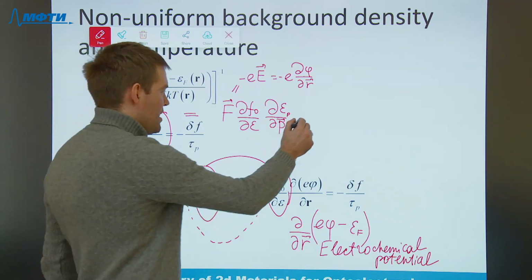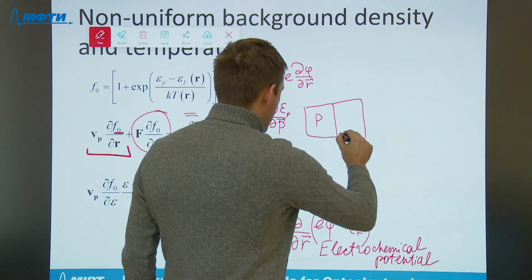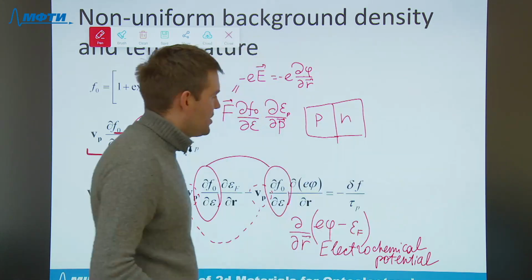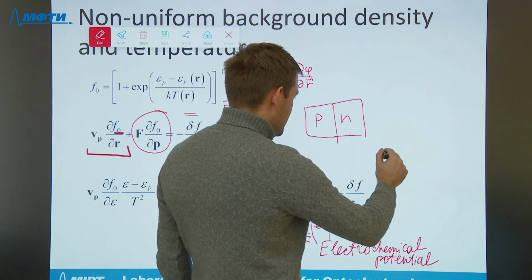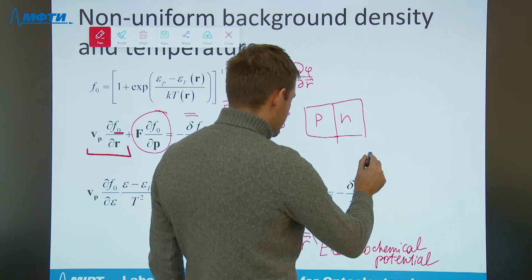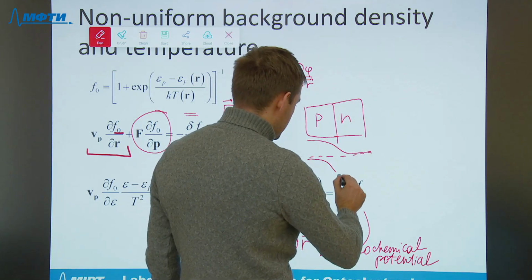Let's take a p sample and n sample. You know that there exists a built-in electric field inside of this sample, which looks like this.